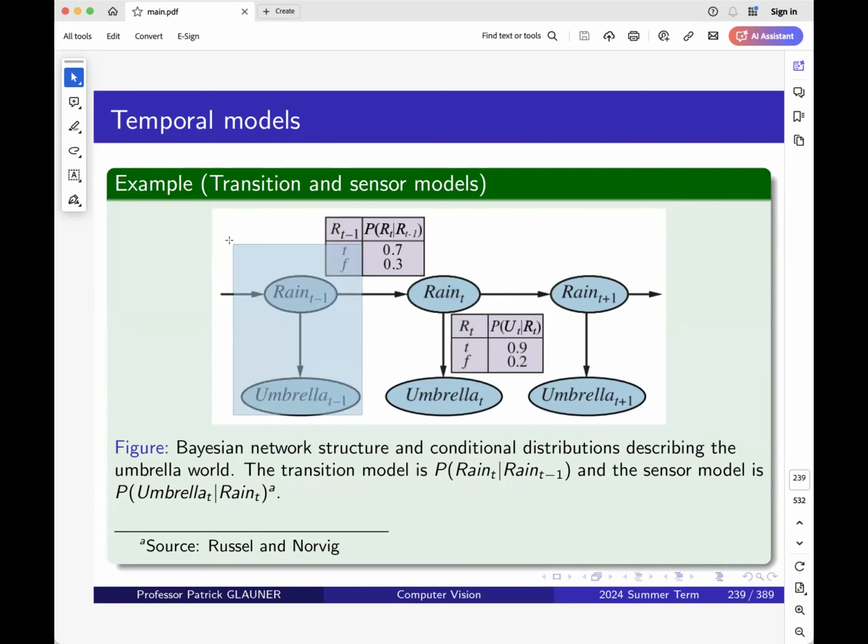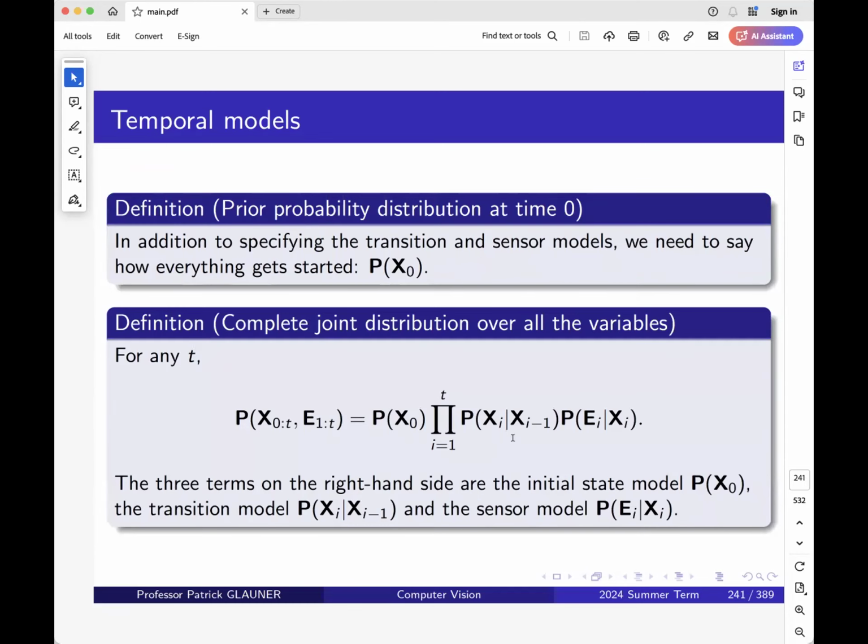Plus, we have this sensor model, and we can describe this with this multiplication starting from i equals 1 up to t, and we say, well, our state x depends on the previous state. In our example graph, it's for rain, but remember, these are vectors. They can be far more than just one variable. It could be multiple entries, and this has nothing to do with rain. The rain example would be just a specific example. This one here is the more general description of this kind of graphical model.